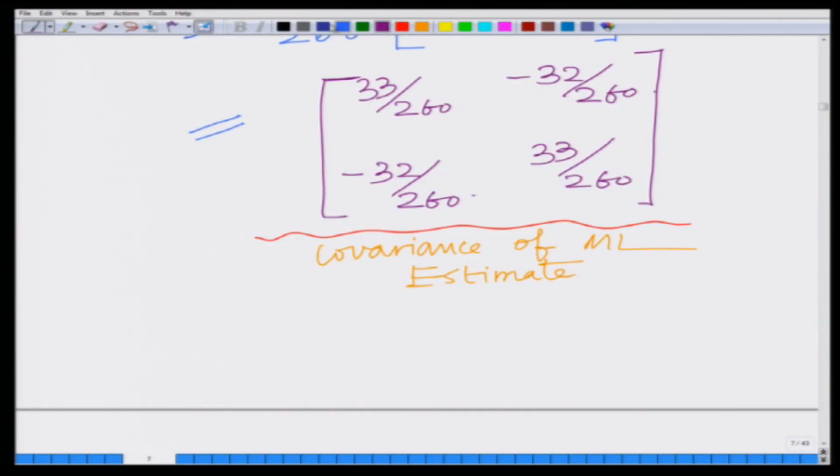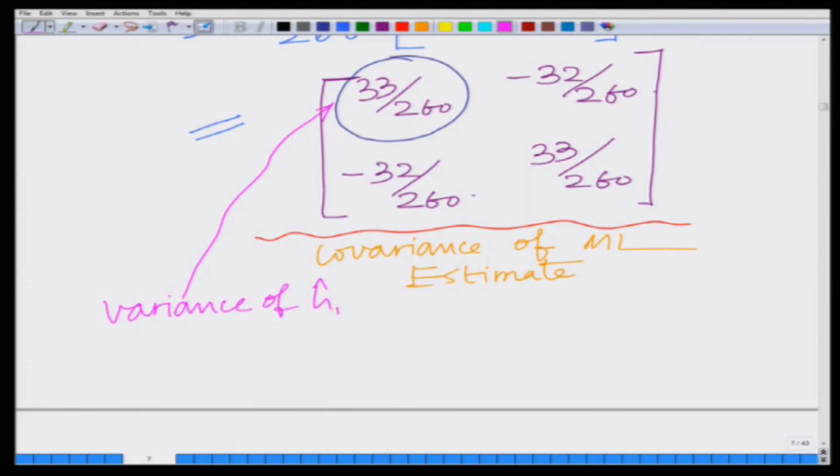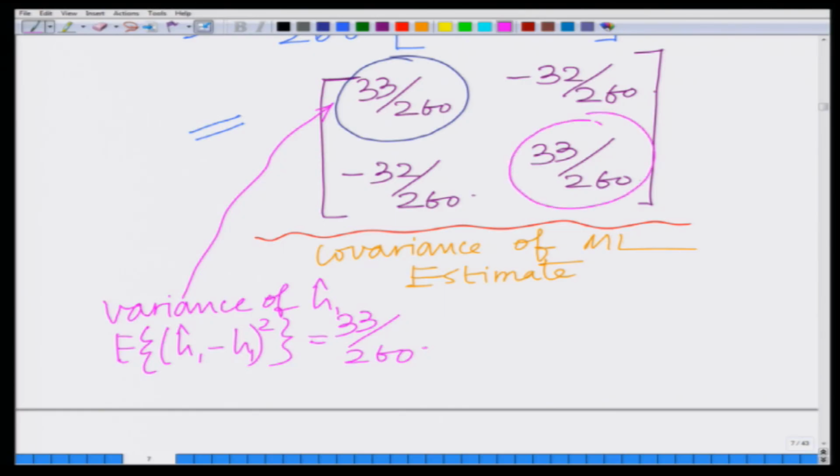Okay. And now we also said from this covariance I can extract the variances of the elements. Recall, this quantity is the variance of H1 hat, that is expected value of H1 hat minus H1 whole square equals 33 by 260. The i comma ith diagonal element is the variance of the ith channel coefficient.